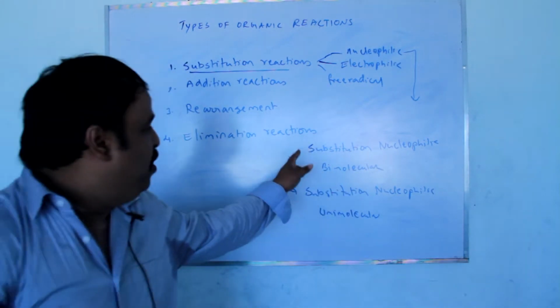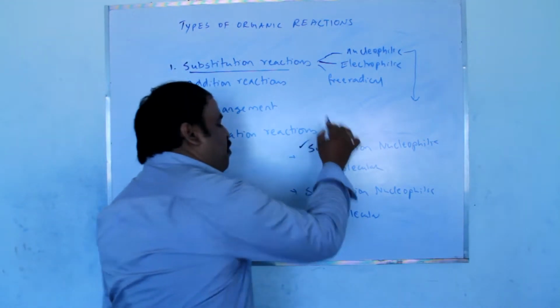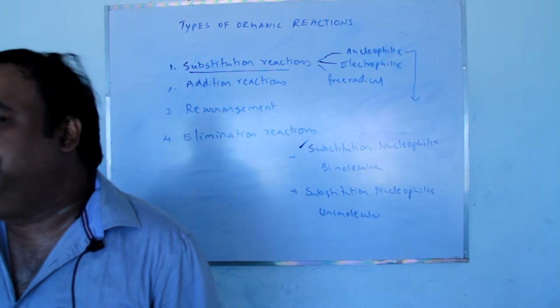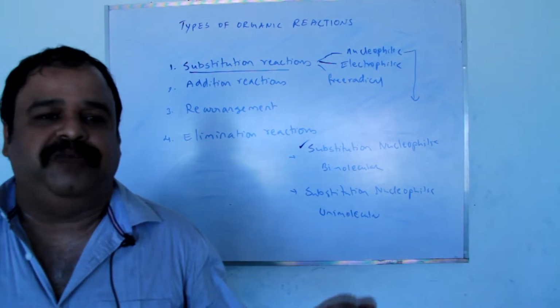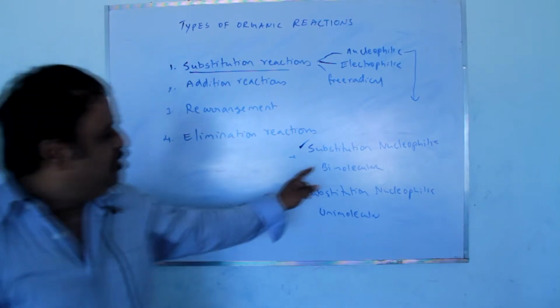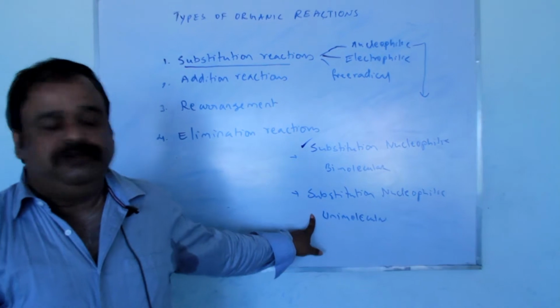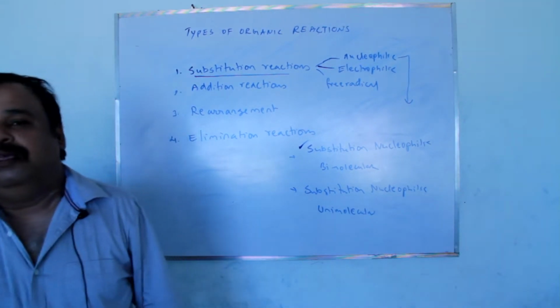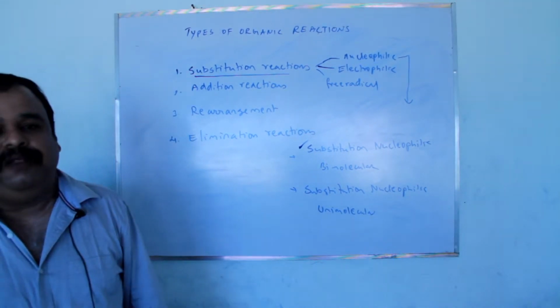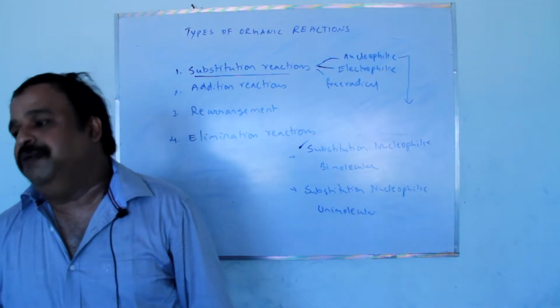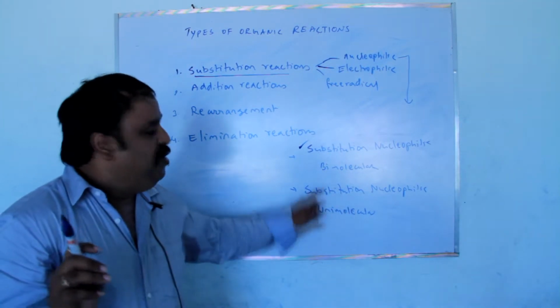If you take number one, substitution nucleophilic bimolecular, these reactions depend upon both the nucleophile as well as the reactant. Hence it is a bimolecular reaction. And in the second one, substitution nucleophilic unimolecular, the reactions depend only upon the concentration of the reactant but not the nucleophile, and hence it is unimolecular.